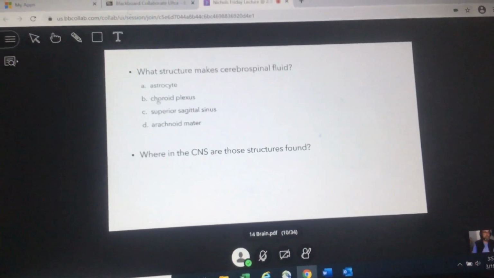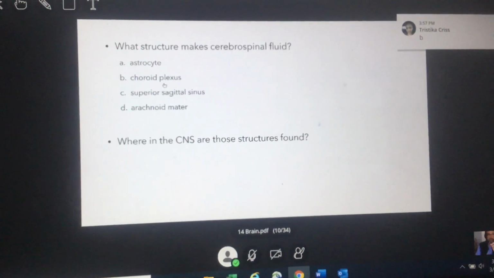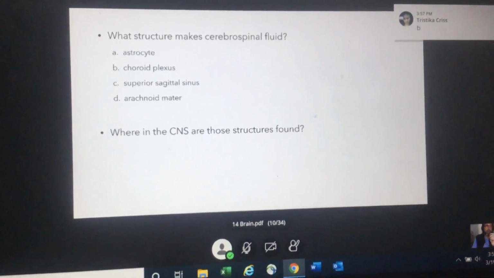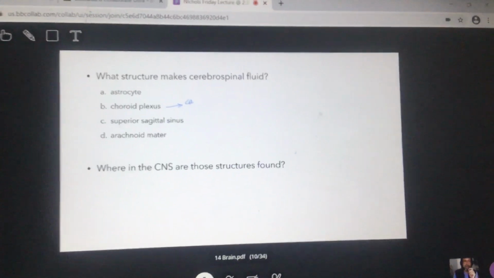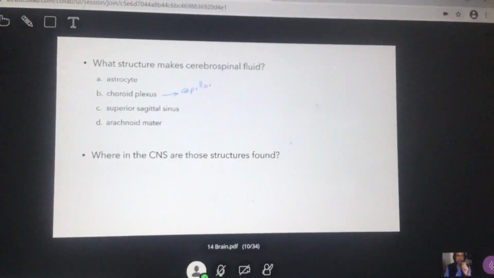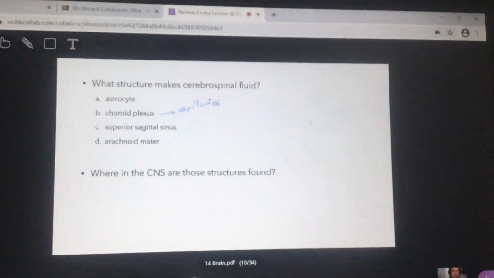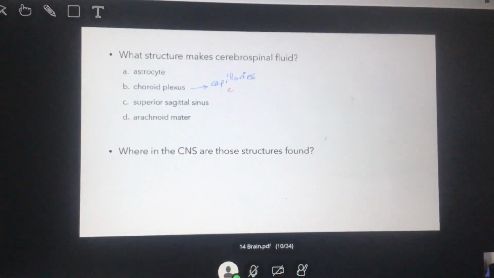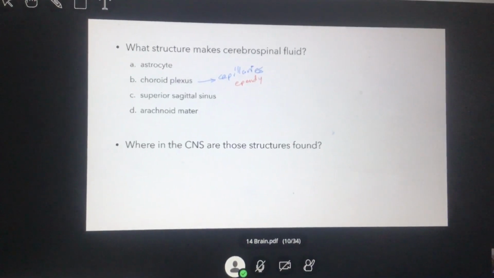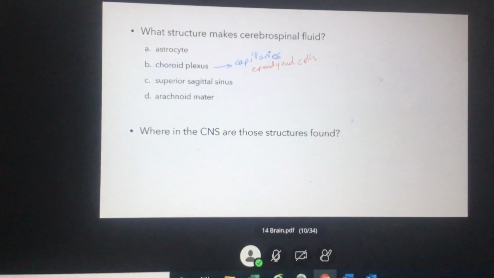Yep, it comes from these structures called choroid plexus that are lined on the surface by ependymal cells. So remember, a choroid plexus is actually capillaries surrounded on the surface by ependymal cells.